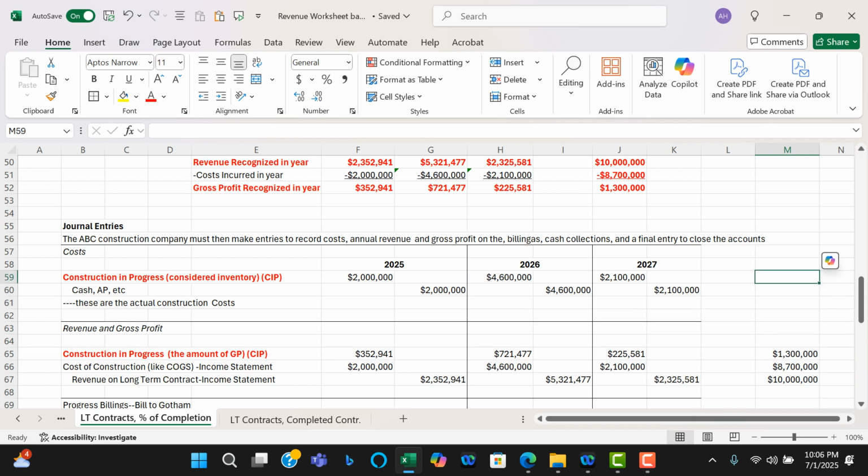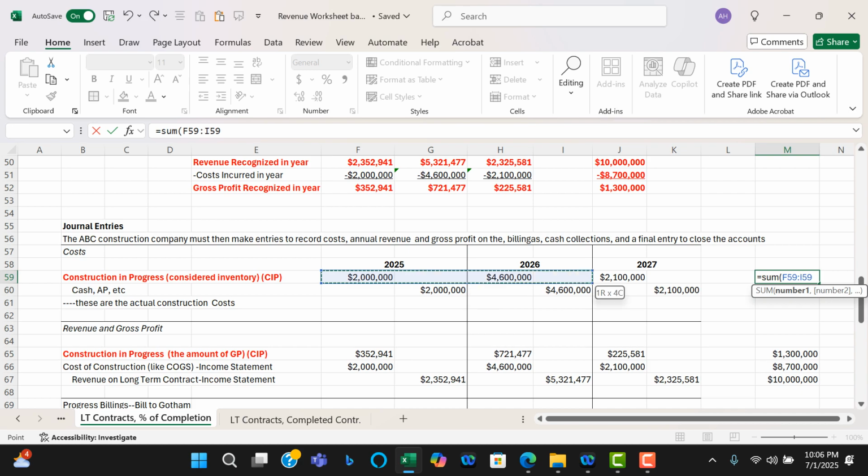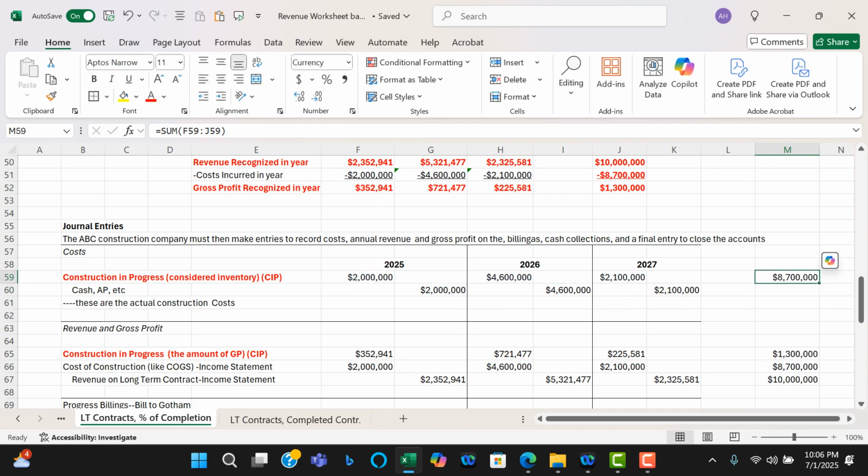And I might as well go ahead and add up these numbers up here, the costs here, because I want to show, if you look at the construction in progress account, the CIP, it adds up to, at the end, 8,700,000. That's your cost. We've also put in there, in the second series of entries, 1.3. So the construction in progress account has $10 million in there.